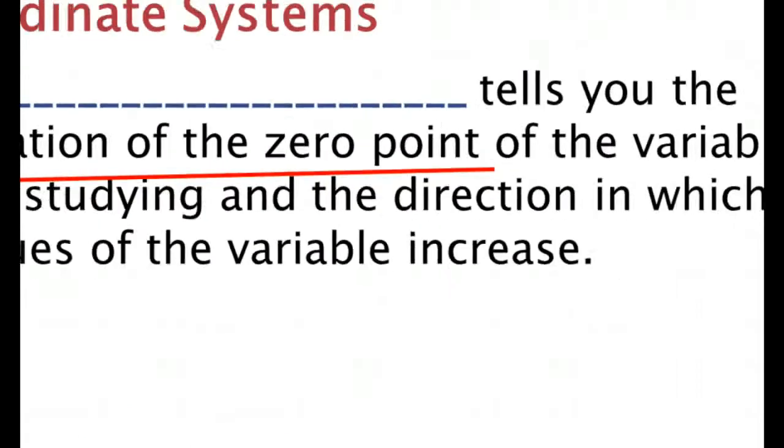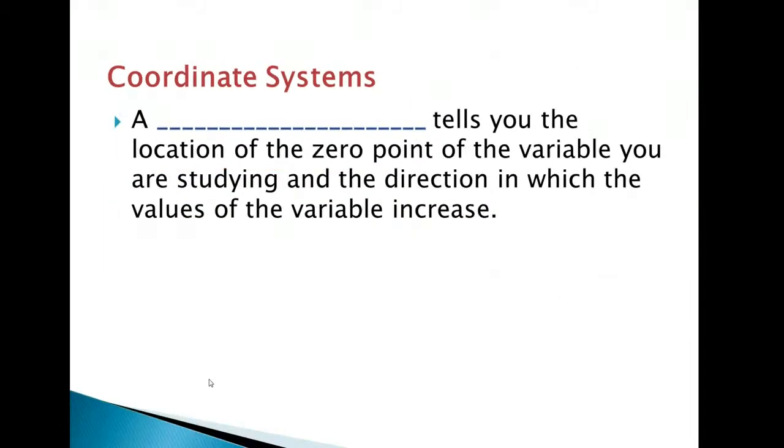So when we're talking about a coordinate system, we're talking about two things. The zero point: where does the object start? And then which direction is the positive motion? In which direction does the variable, whether it be how far the person is from where you are or how fast they're going, increase?